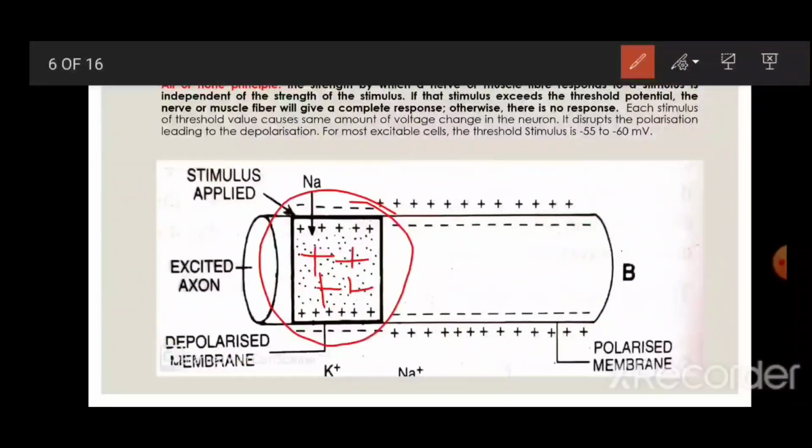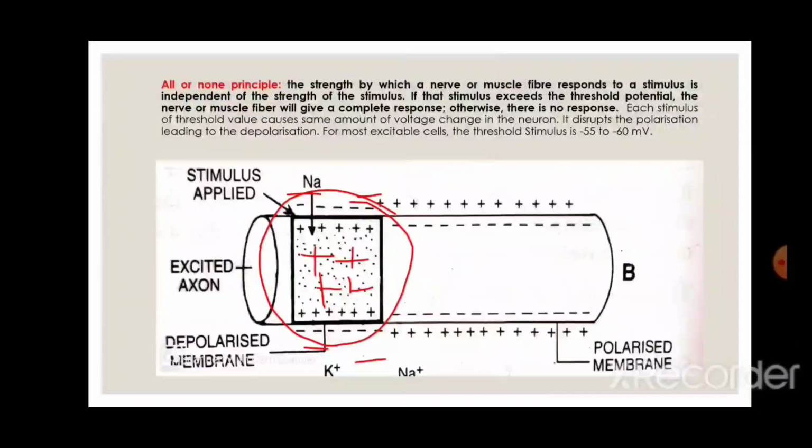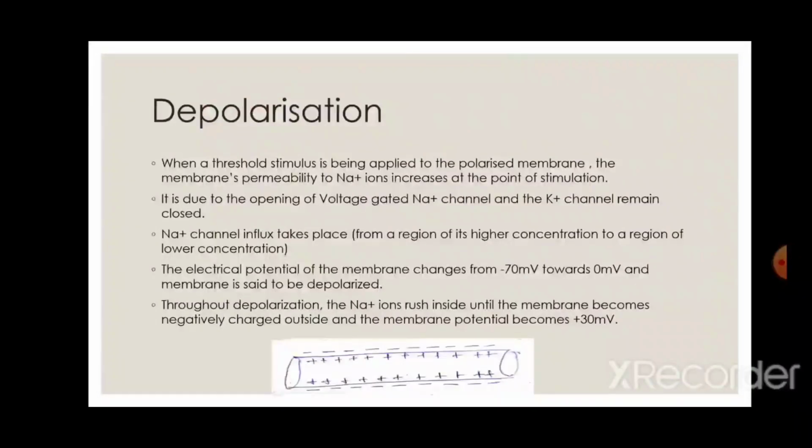Inside it would become positive and outside it would become negative, and this is said to be depolarized. Depolarization is mainly due to the opening of voltage gated sodium channels, but voltage gated potassium channels are closed at this point.